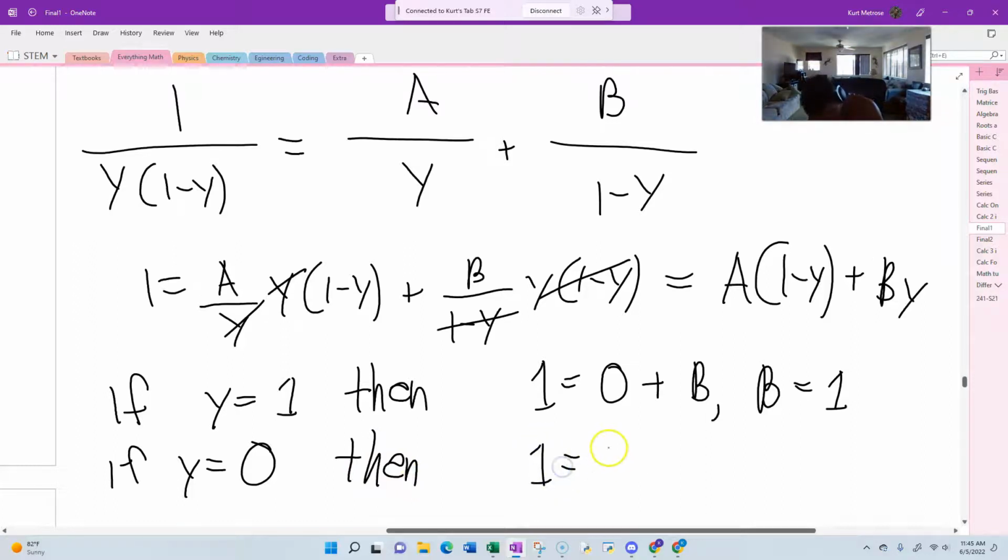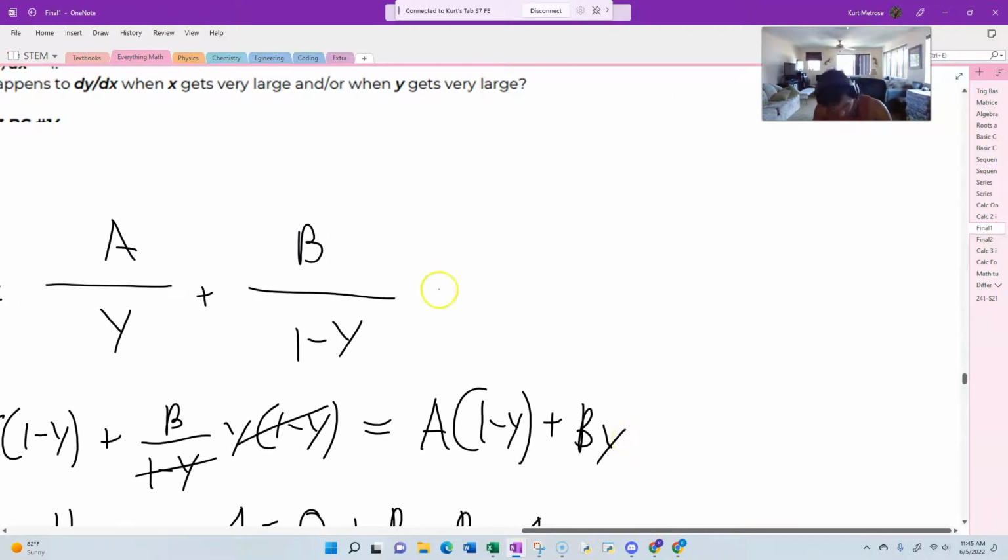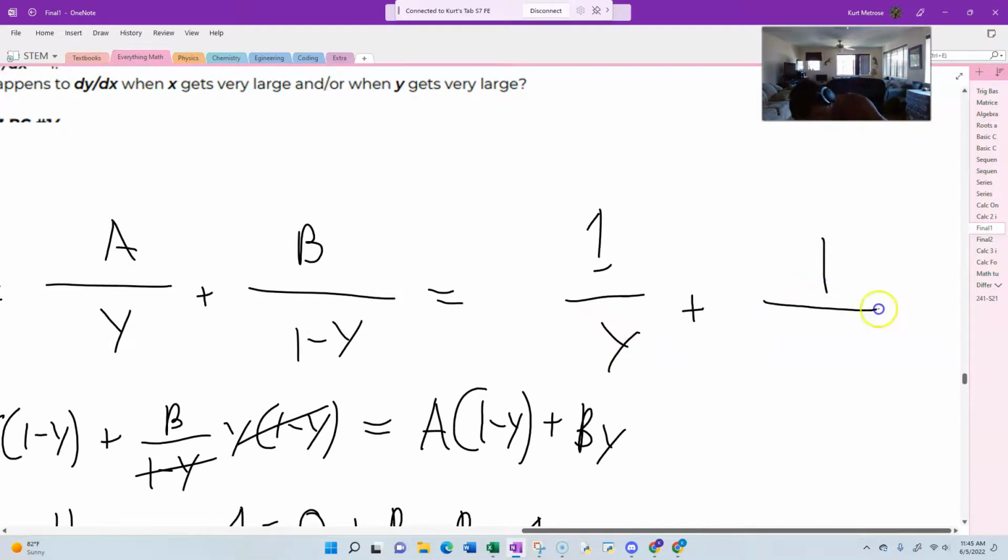Then 1 is equal to a plus 0, so a is equal to 1. So the partial fraction decomposition turns into 1 over y plus 1 over 1 minus y. Nice little decomposition here.